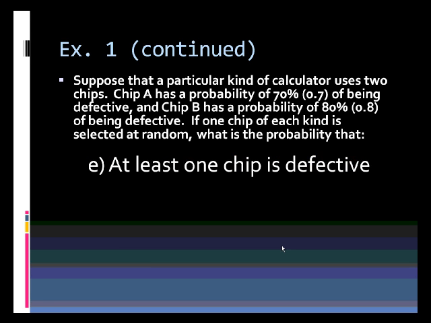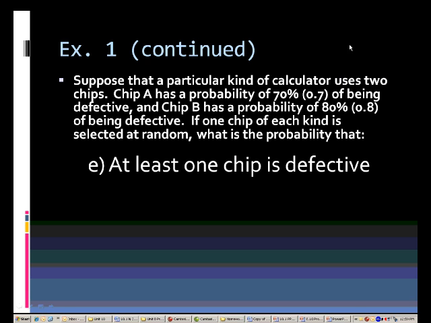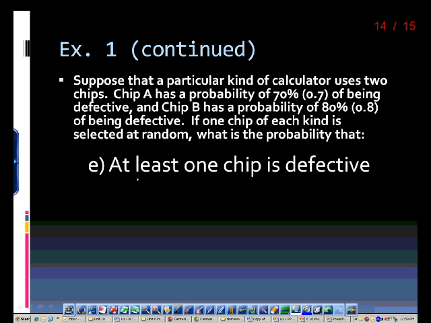We can go ahead and do 1 minus 6%, because we could think of this as 1 minus the probability that no chip is defective, which would be 1 minus 0.06, which gives us what? 94%. Can anyone think of another way to work this?